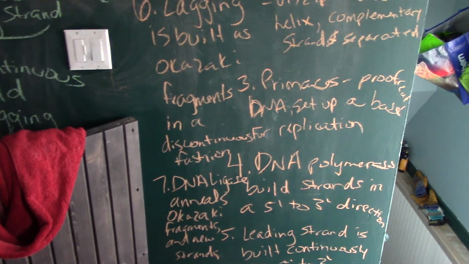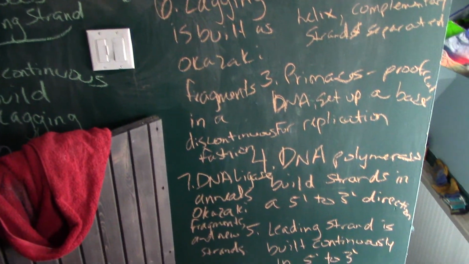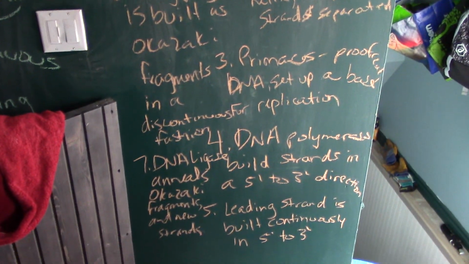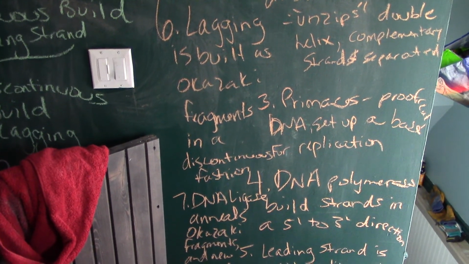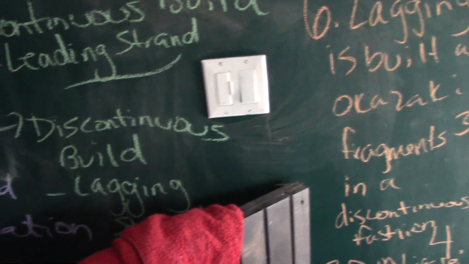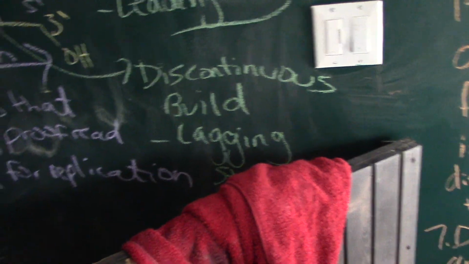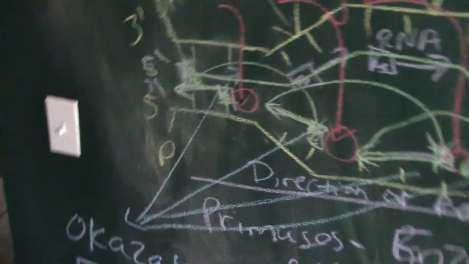This is simplified in comparison to what you're going to learn in university, but it is the same basic structure. There'll just be pieces added onto it. What happens after, if I go back to my original diagram? I showed you that the original strands, the parent strands, are yellow, and the new strands that are being built are green. So what we end up with at the end of DNA replication is this.